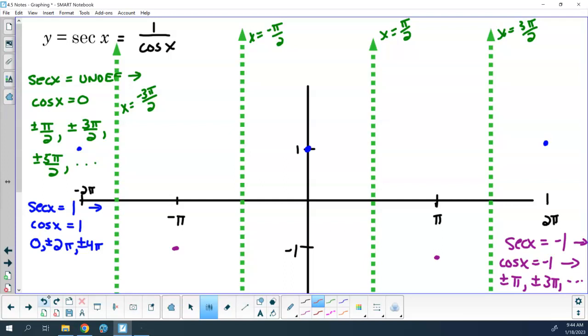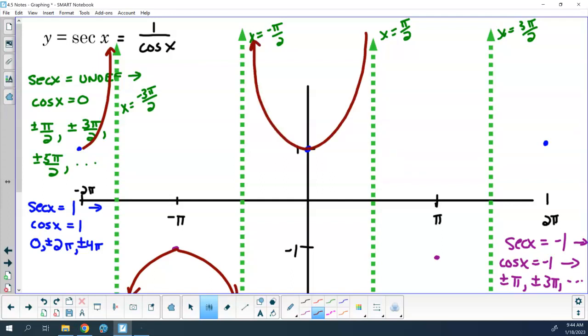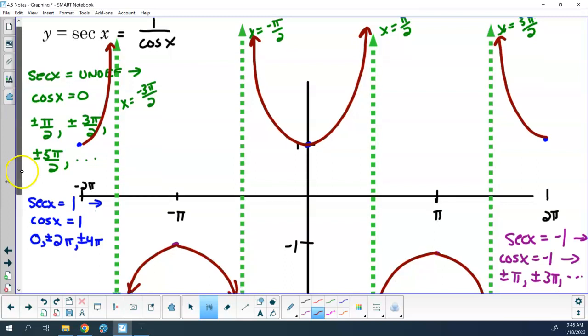Yeah? So because we know that, our graphs are going to be parabolic in those middles.